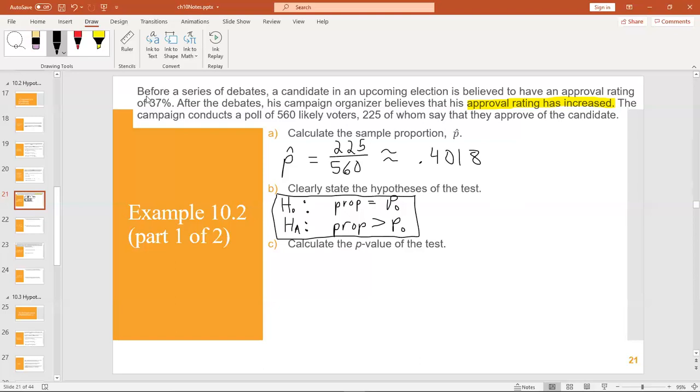All right, calculate the p-value of the test. So the value for the population proportion that we're comparing is 37%.